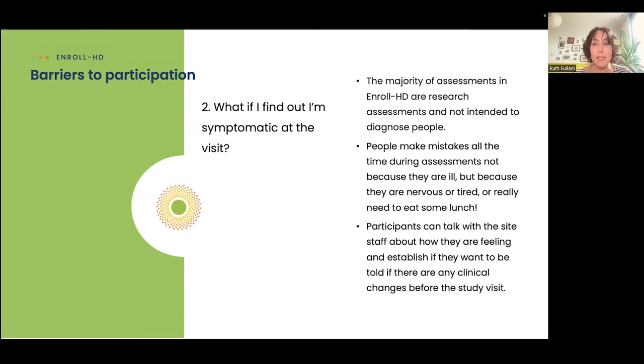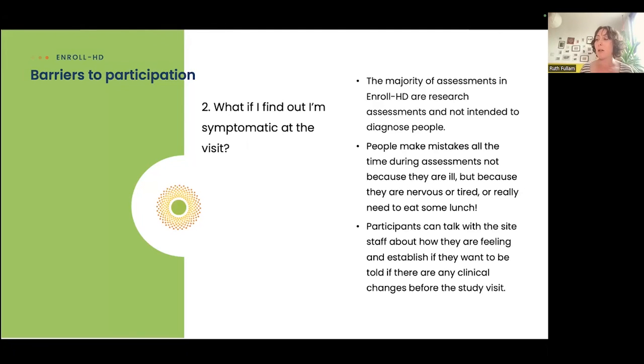Now, the majority of assessments that are used in Enroll are not designed to be used clinically, and so they are really research assessments, and they're not even research assessments to be used looking at one single person. Generally, we have a look at very large data sets. So we're looking at tens, hundreds, thousands of people all together to look for patterns. They're not really used in that way.